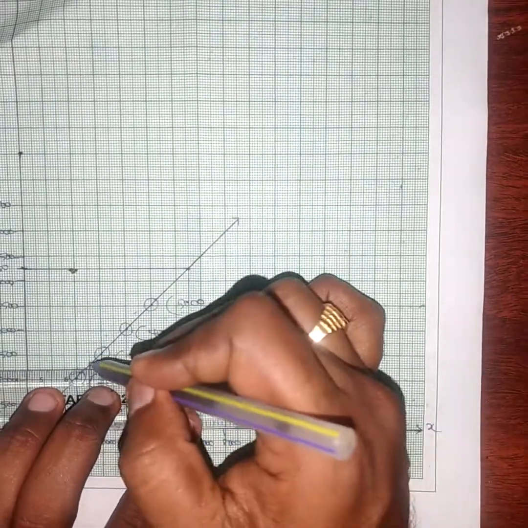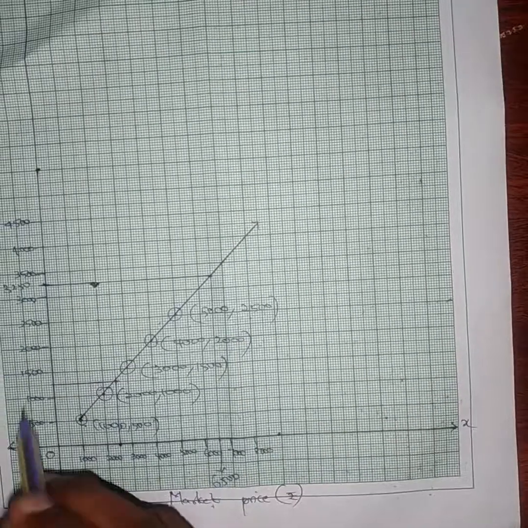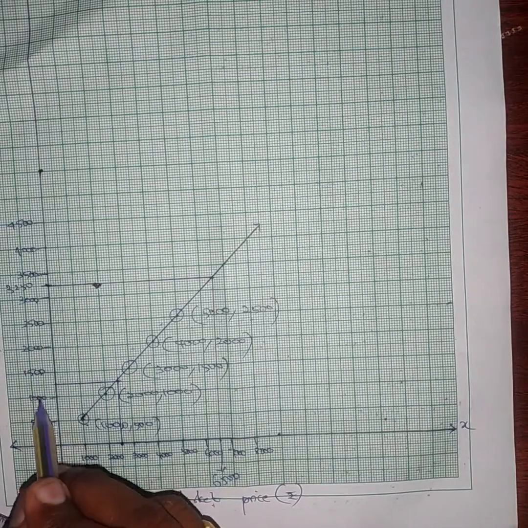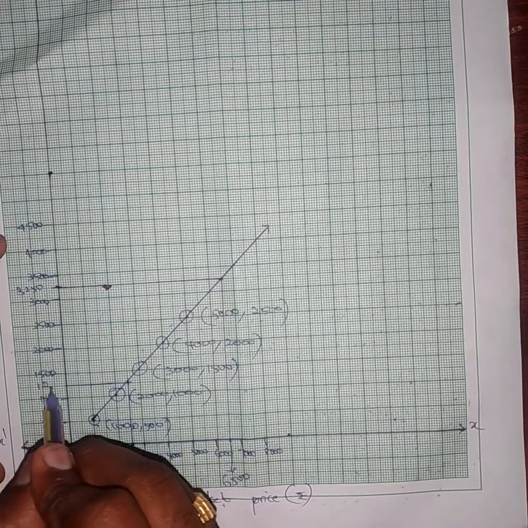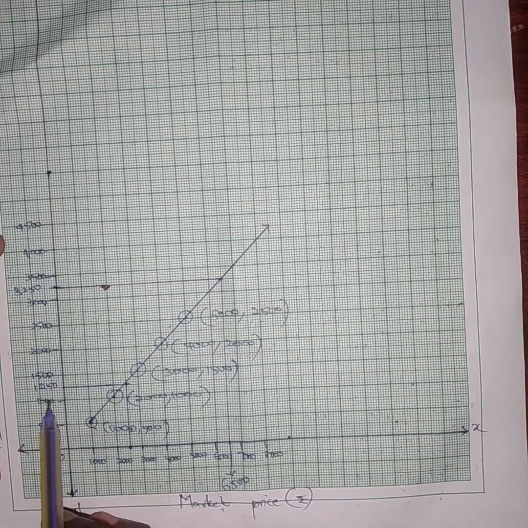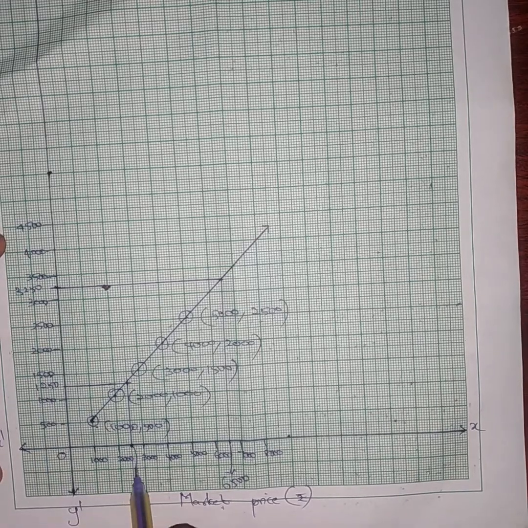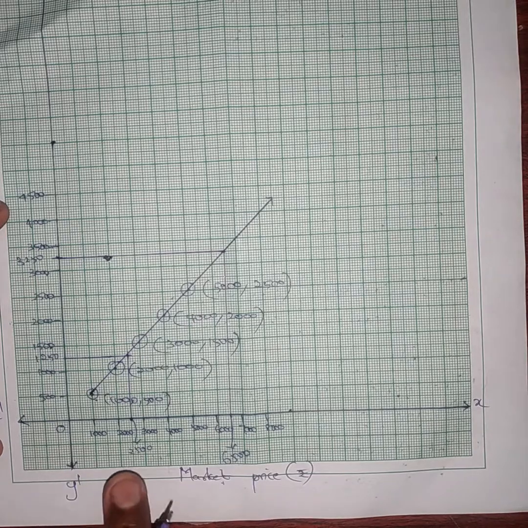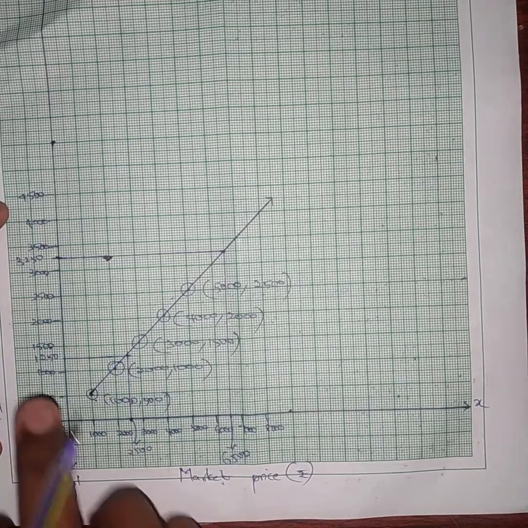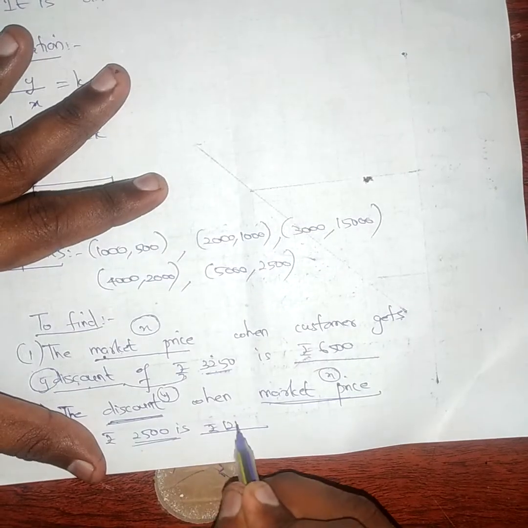After stopping here, I draw the line across to the y axis, between 1000 and 1500. What is the number here? 1250. So this point is 2500, this point is 1250, therefore the answer is rupees 1250.